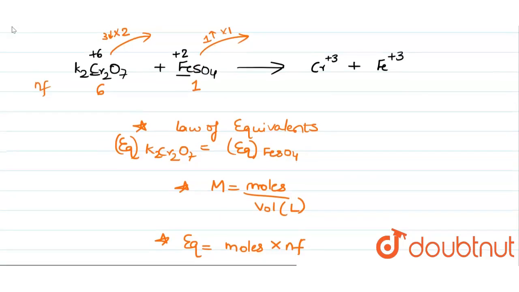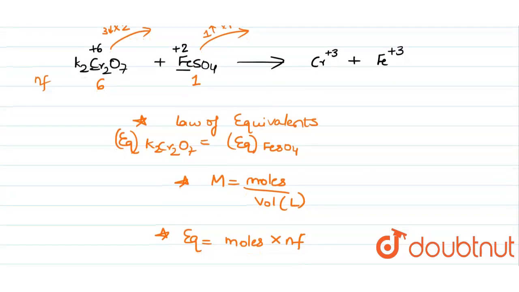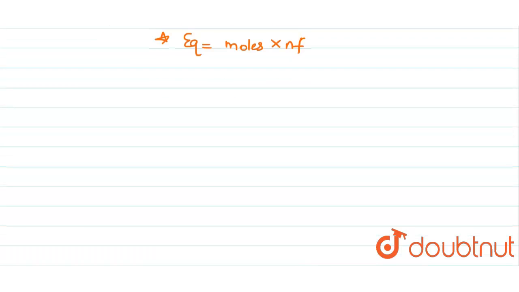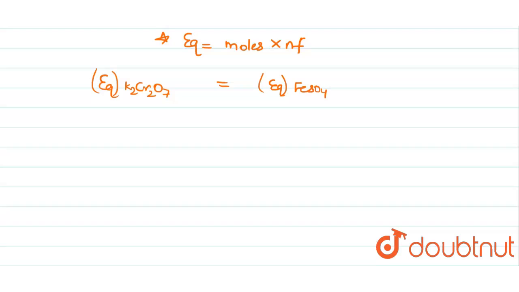So over here we need to find out the equivalence of K2Cr2O7 and FeSO4. So equivalence of K2Cr2O7 equal to equivalence of FeSO4. So we have the n factor of K2Cr2O7, which was 6 into. Now we need to write the moles. So for moles I had given the formula of molarity into volume.